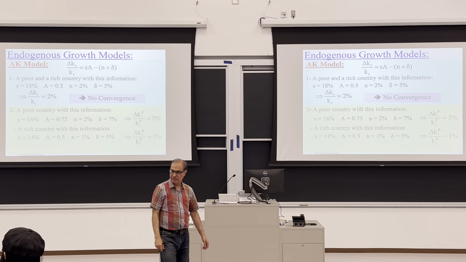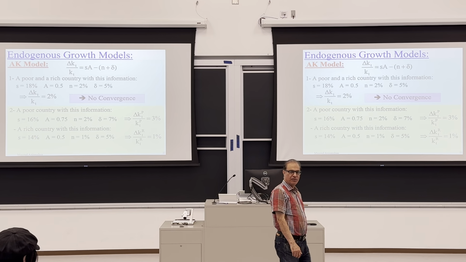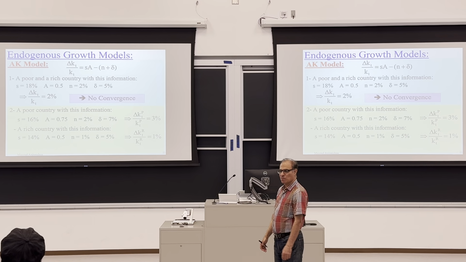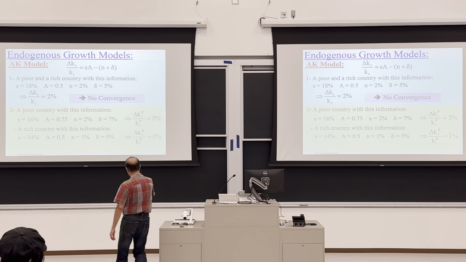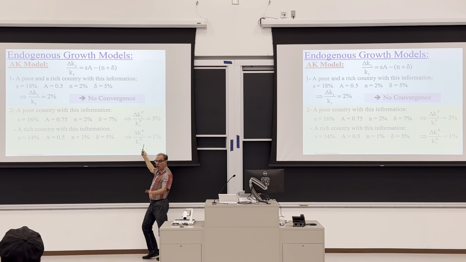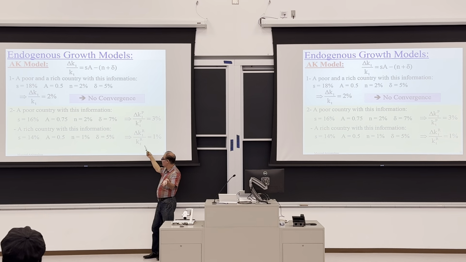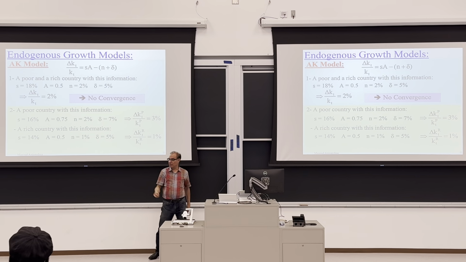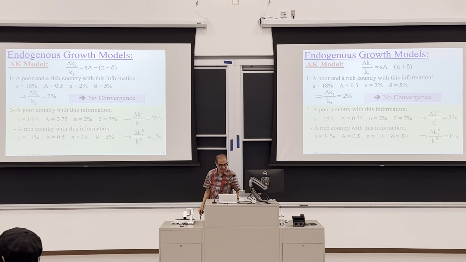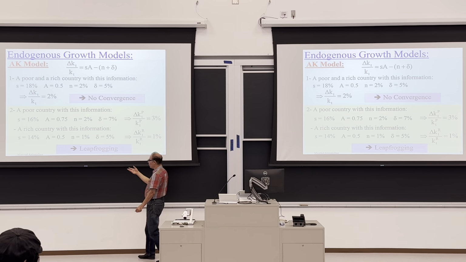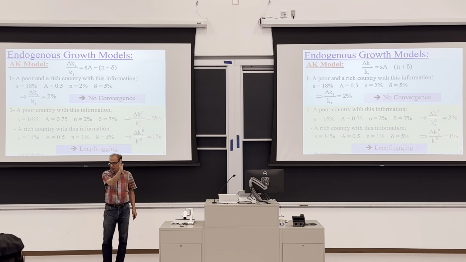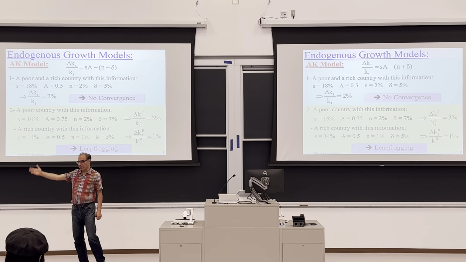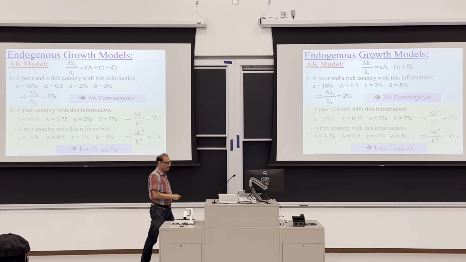What happens here? Do we have convergence or something? You see? See here? The poor country is going to catch up with the rich country and becomes richer and remains richer. You see that? This process of catching up is called leapfrogging. So a country comes from behind, catches up, goes ahead. Okay.